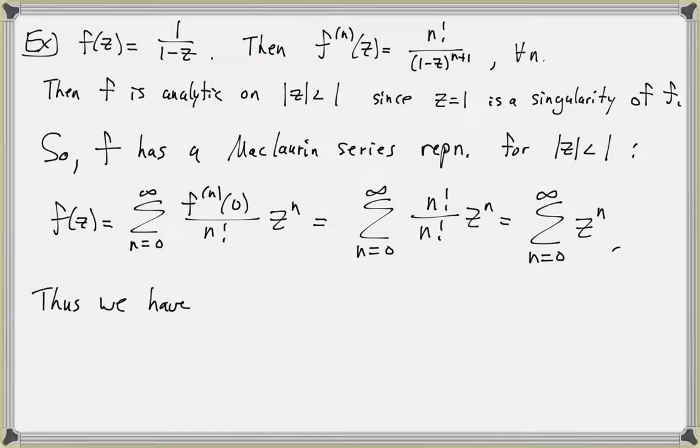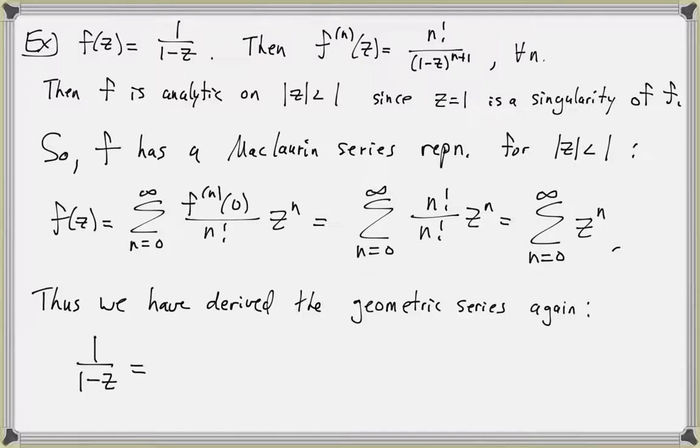So thus we have derived the geometric series again, that is, the function 1 over 1 minus z equals the sum n equals 0 to infinity of z to the n, and this again is valid for z in absolute value less than 1.